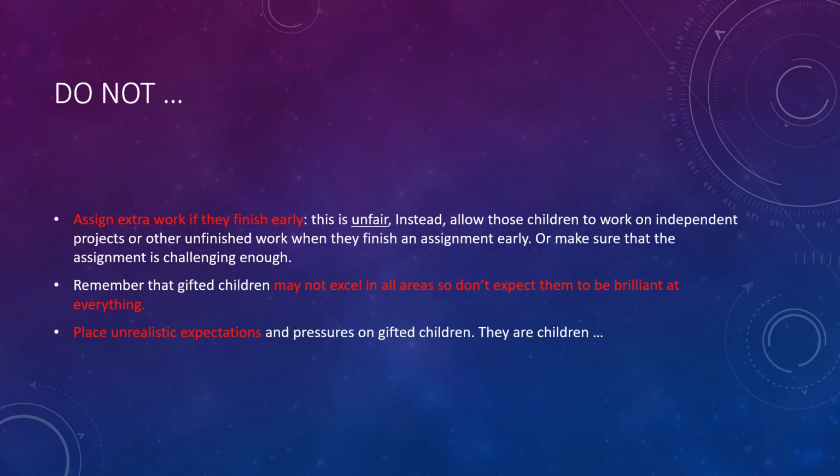So what about once they finish this work early? Allow them to work on independent projects or unfinished work from other subjects, or make sure that the assignment we give them is challenging enough that it will take them as long as it takes the others to finish their own work. So try to avoid giving extra work.